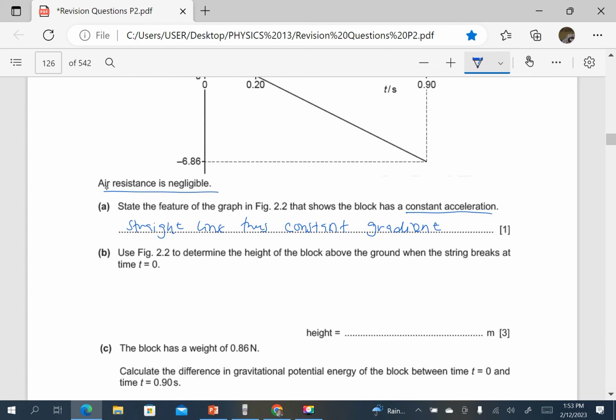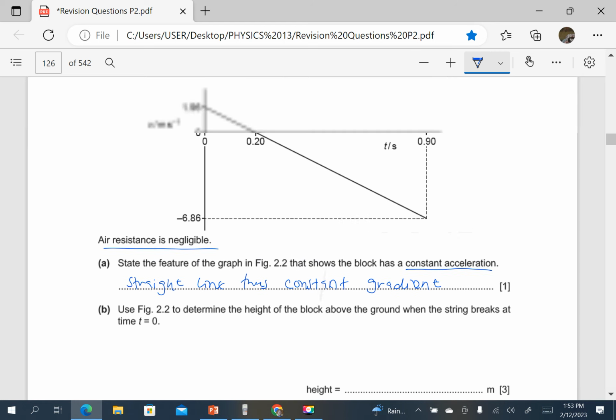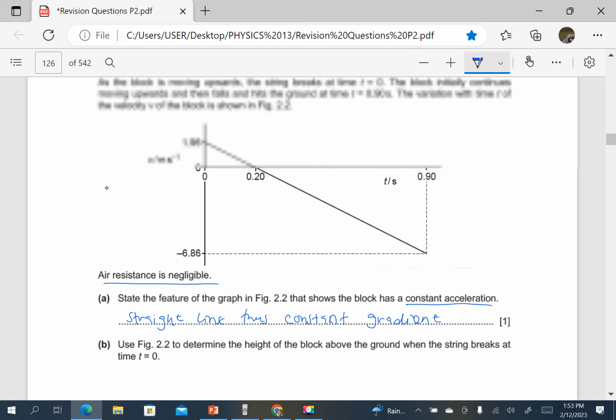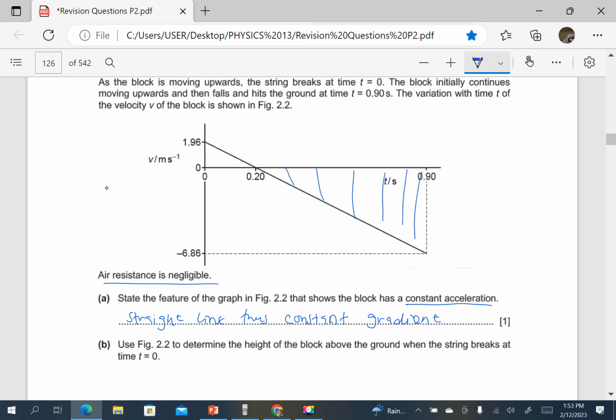Use the figure to determine the height of the block above the ground. It continues moving upwards to the highest point and then falls back to the ground. So this part here is the area under the graph, the distance, because after 0.2 seconds, it is now returning and reaches the ground at 0.9. So this area here represents the distance from the maximum point to the ground.